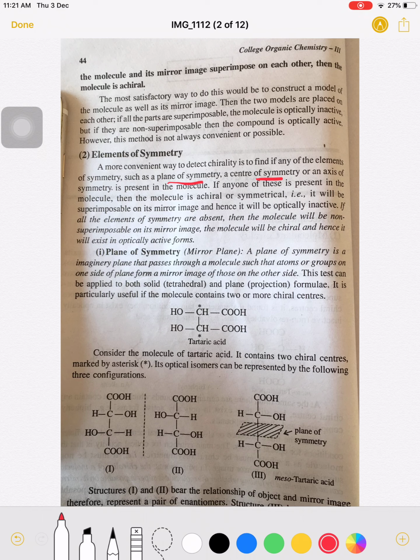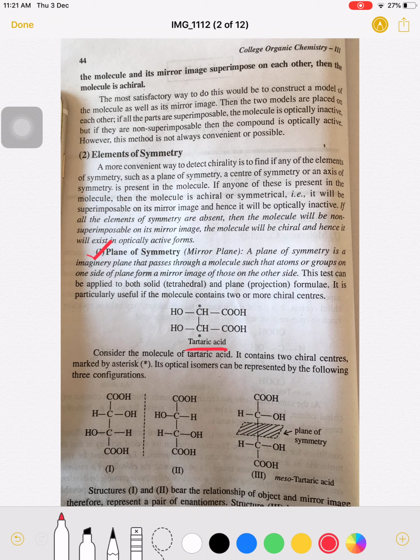If all the elements of symmetry are absent, then the molecule will be non-superimposable on its mirror image, it will be chiral, and hence it will exist in optically active forms. So the most essential criterion to be optically active is the presence or absence of elements of symmetry. So let's begin with the first symmetry, that is plane of symmetry.